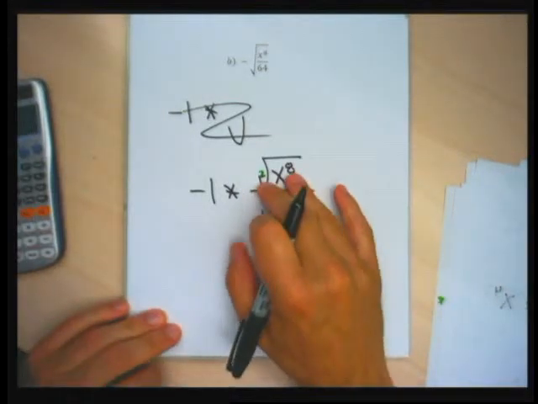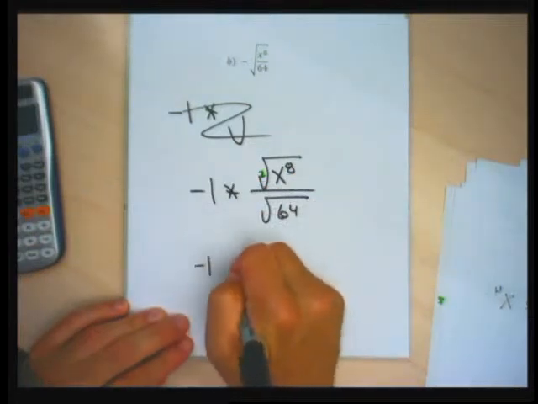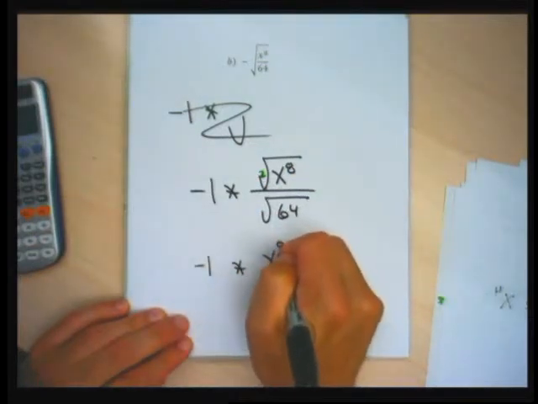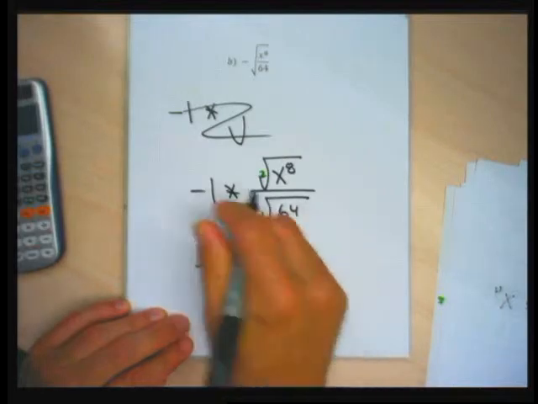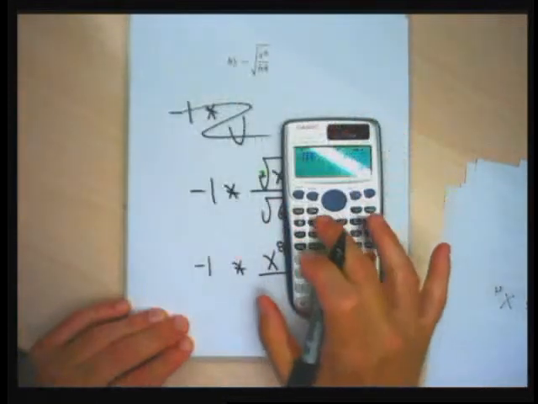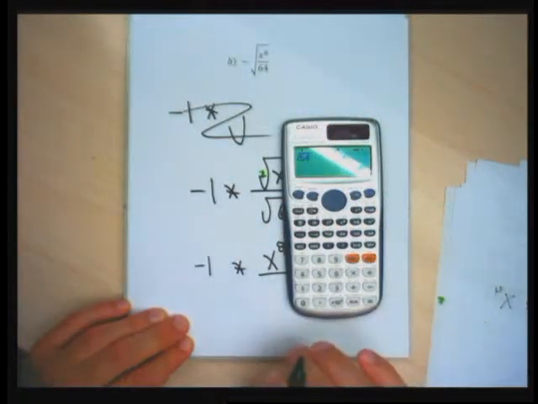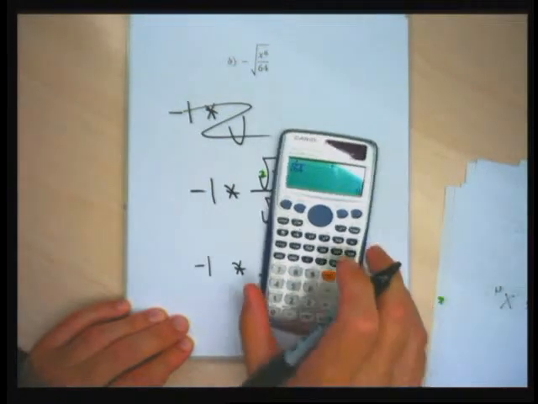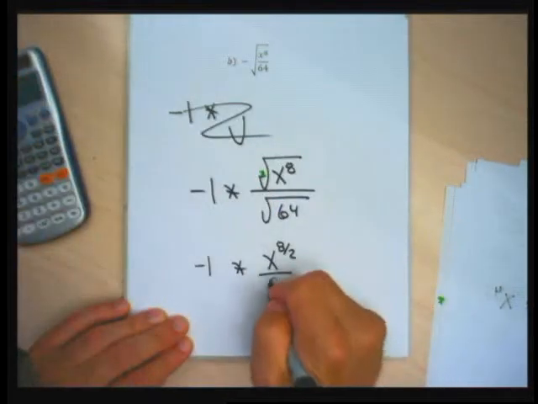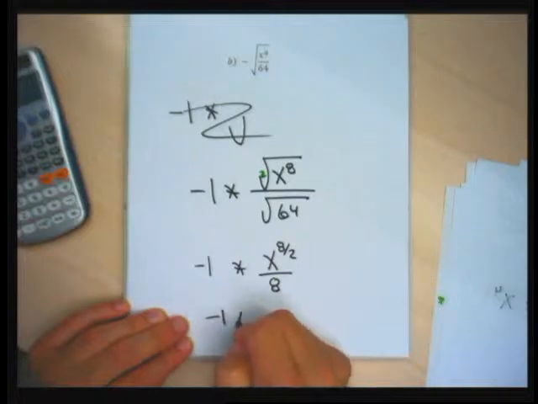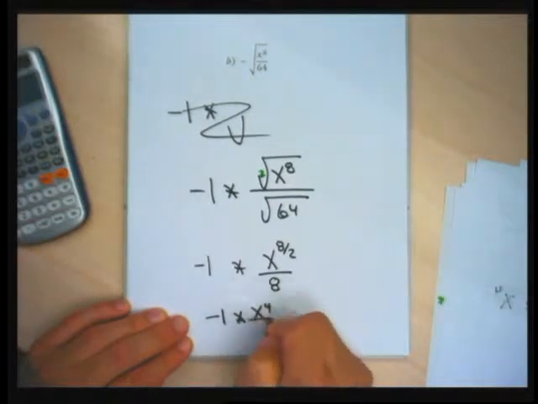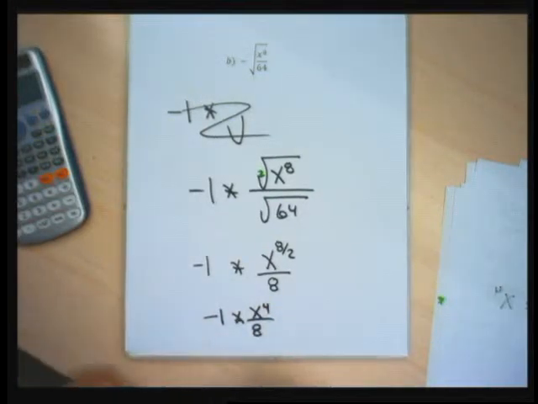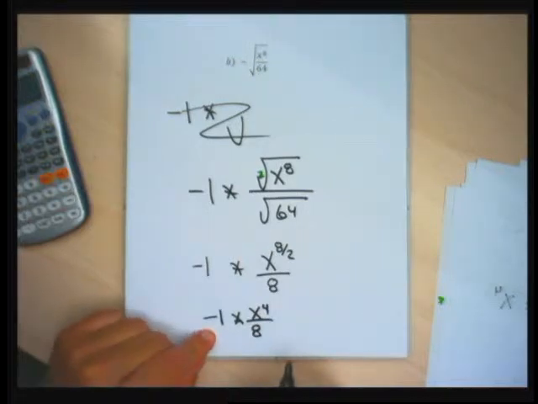I'm going to divide the 8 by 2 and get -1 times x to the 8 over 2, and then the square root of 64 I'll just do on my calculator. So here the square root of 64 is 8. So I'm almost ready. So this means -1 times x to the 4th over 8. This is a correct answer, but oddly written.